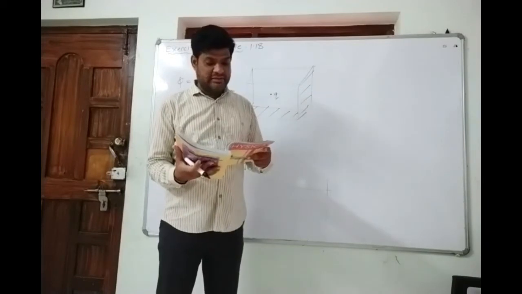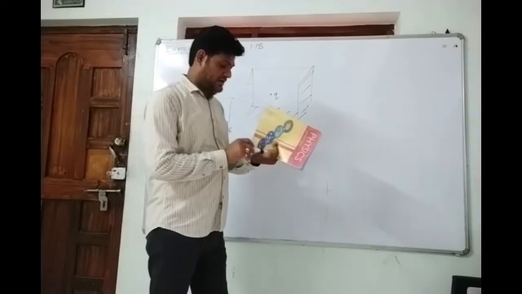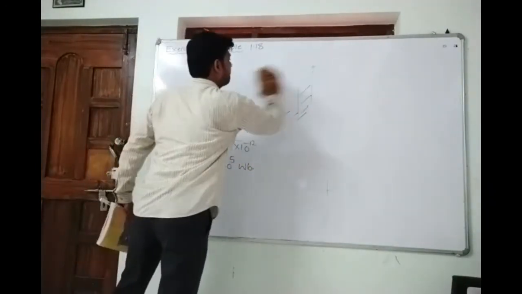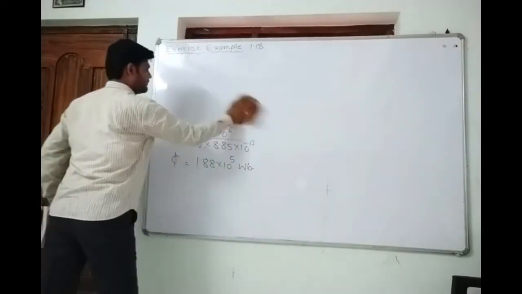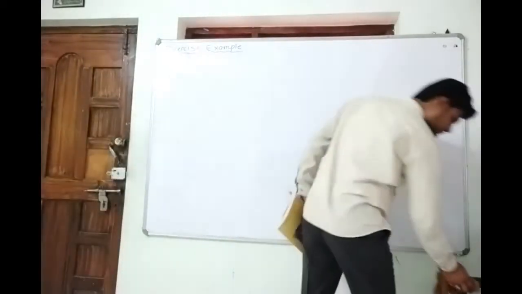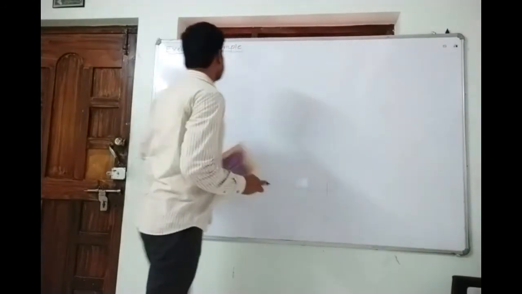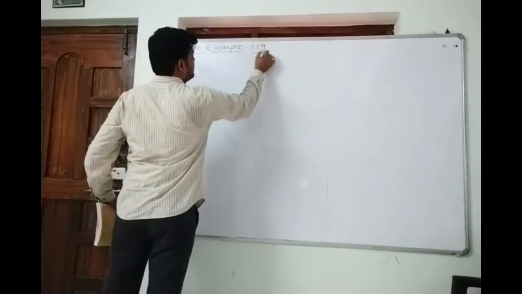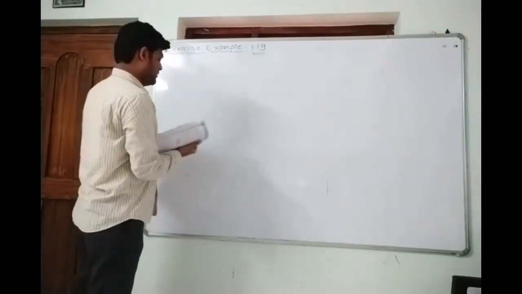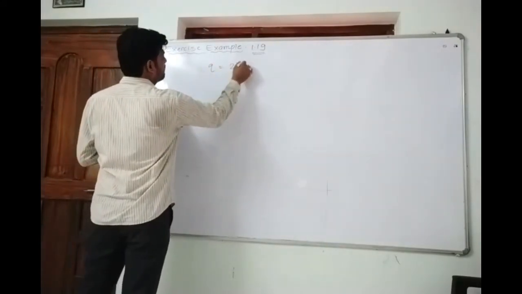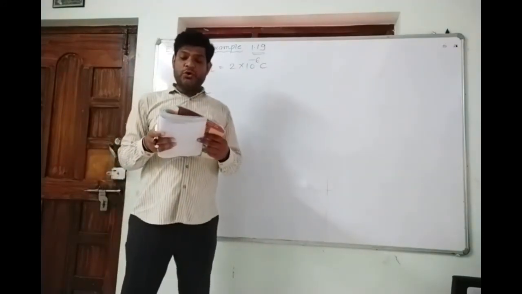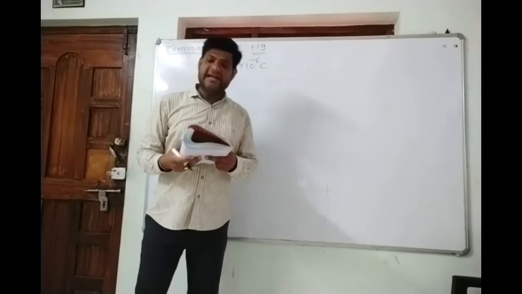Now we will see example number 1.19. Example 1.19. See what is given. A point charge, q equal to 2 microcoulomb, is at the center of a cubic Gaussian surface of side 9 cm.